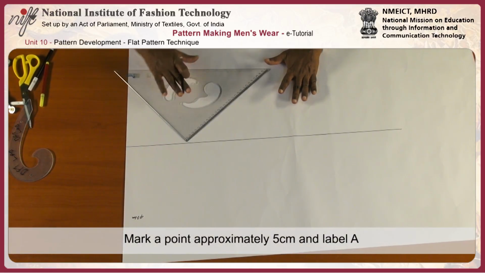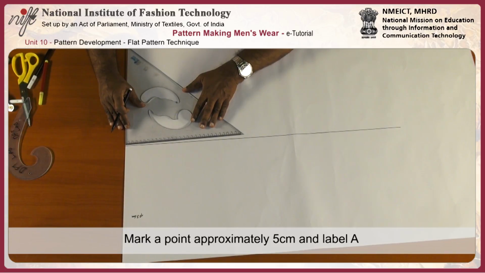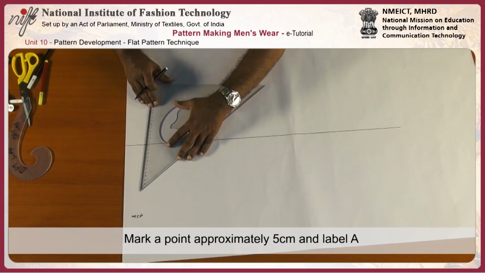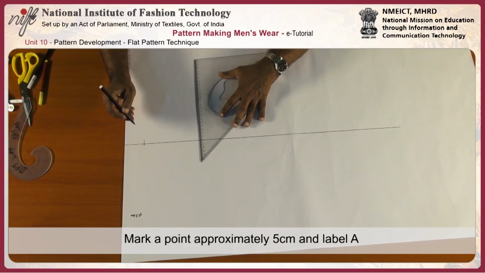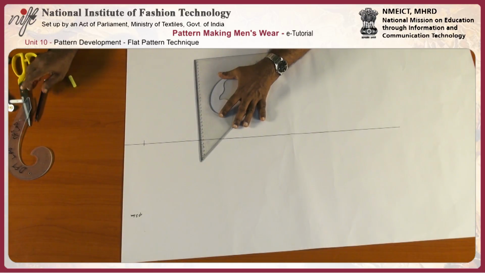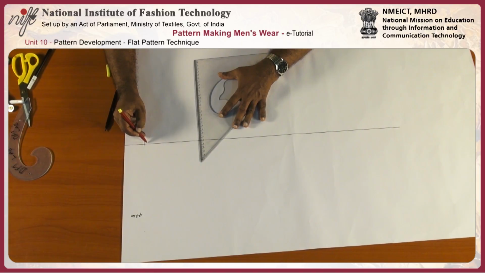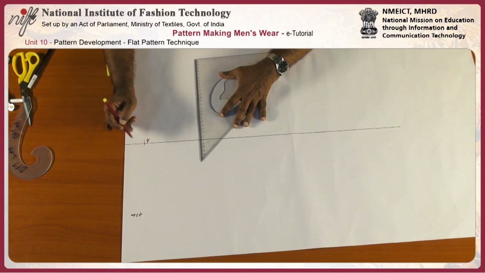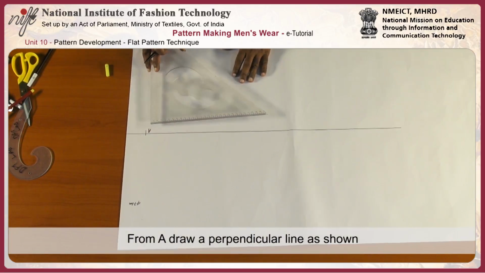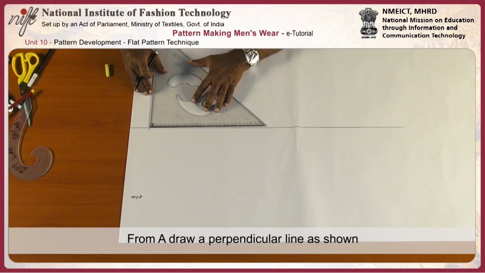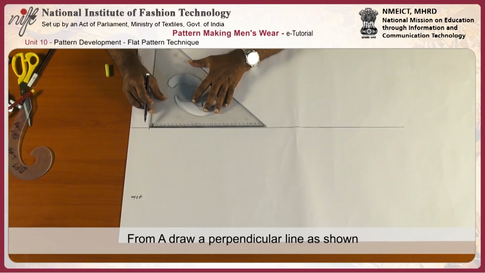Approximately 5 centimeter below, mark a point A. From A, draw a perpendicular line as shown in the illustration.